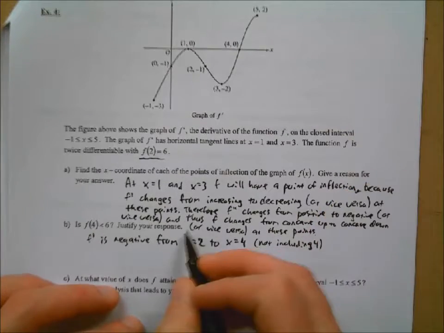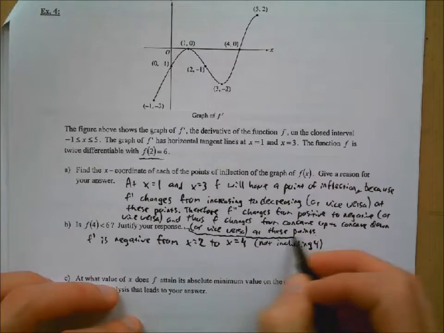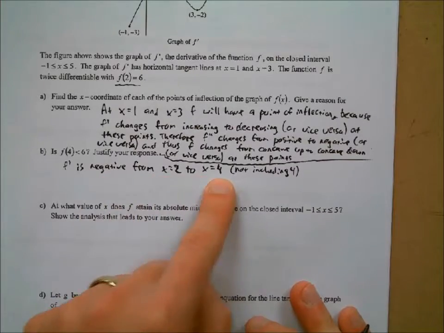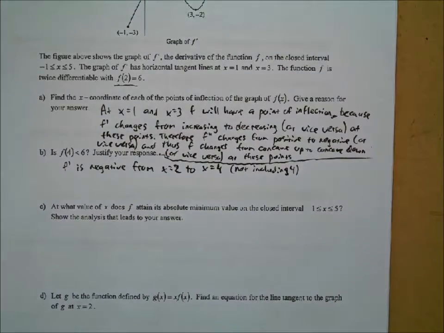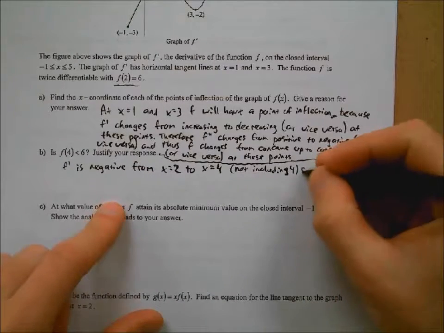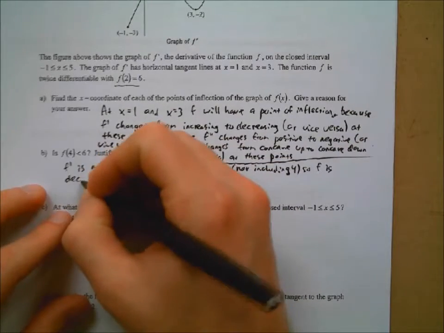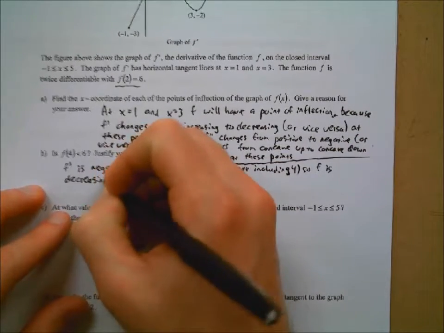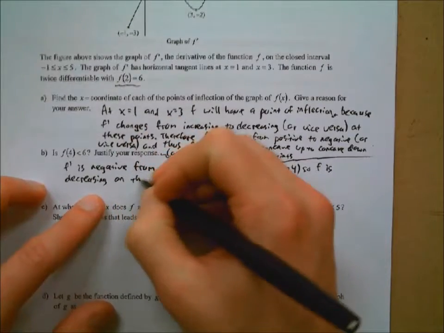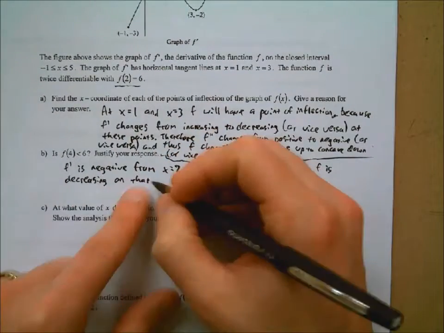Okay, I'm going to try to draw a line here to not get those confused. Okay, f prime is negative from x equals 2 to x equals 4. Therefore, f will be what? Decreasing. So f is decreasing on that interval.